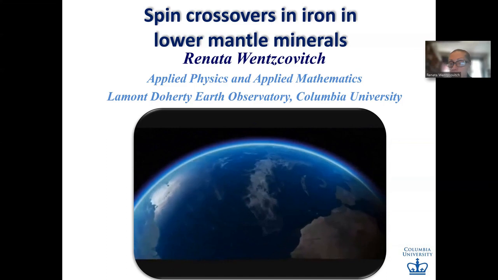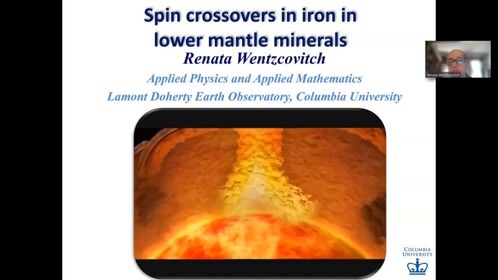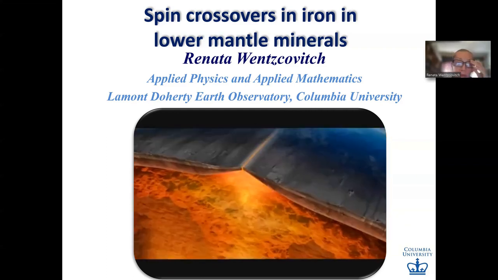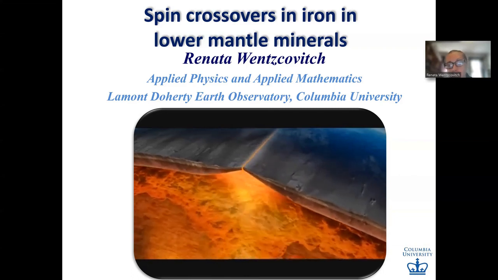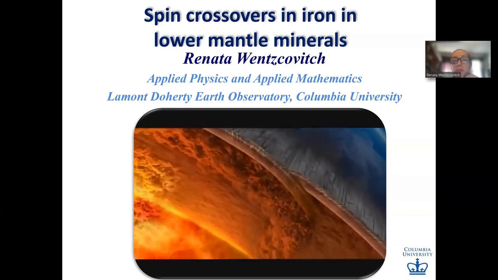It comes in volcanic eruptions, or sometimes a piece of this mantle is shoved up to the surface. But the bottom line is that we don't have direct samples of the deep mantle, and to a great extent, it's detective work to figure out what's going on down there.